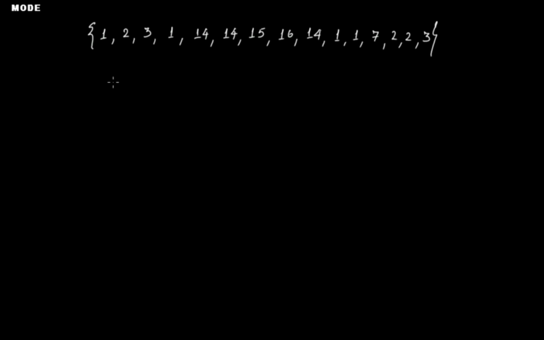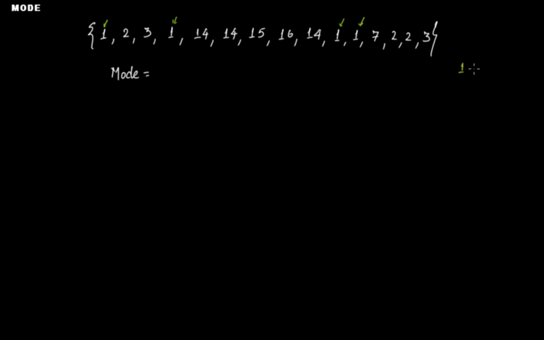Now, if someone asks you what the mode of this data set will be, in order to calculate the mode, you'll have to look at that particular number or value in the given data set which is occurring the most number of times. So if you look here, you have 1 here, 1 here, 1 here, and 1 here.